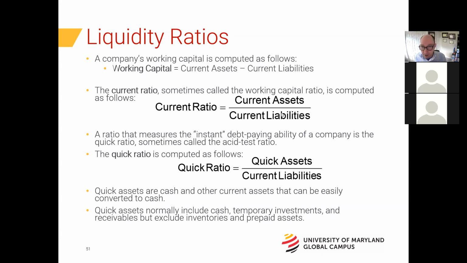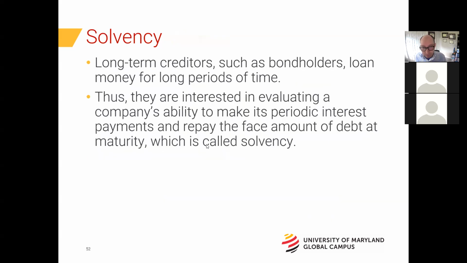The current assets greater than current liabilities essentially means, yes, the company has the ability to repay its current debts and it also has the ability to quickly convert things into cash. And so with that, anything above 1 for the current ratio or the quick ratio represents the company's ability to quickly convert things into cash. So that's liquidity.